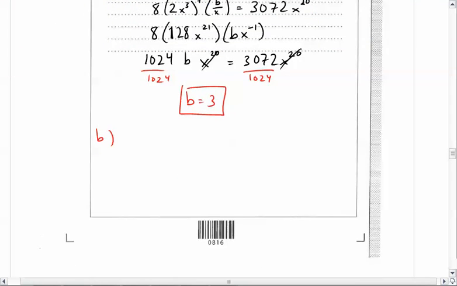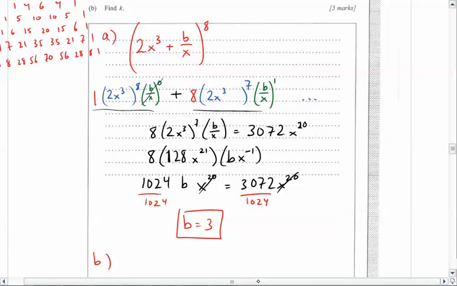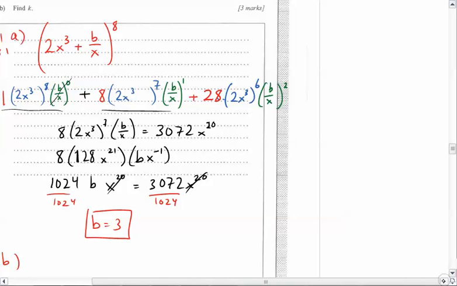So my first term is going to have, I'm going to keep writing this thing out here. My next term will have a 28 at the front. It's going to have 2x cubed to the power of 6, and I'll have b over x to the power of 2. So altogether my x's are going to be 18 minus 2 is 16. So the x's didn't cancel out for that term.